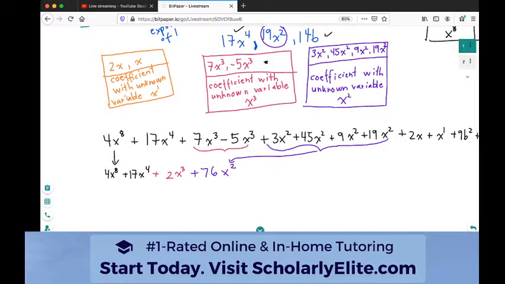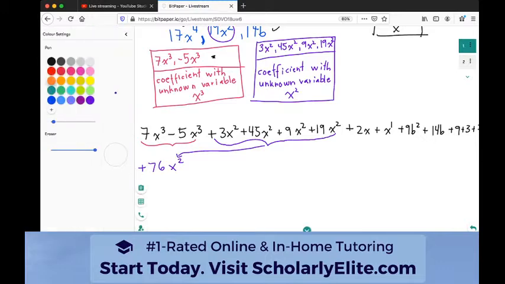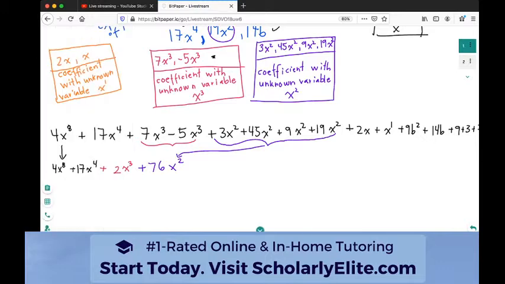Alrighty guys, so moving on, we've got our x to the power of 1 situation. So here we're going to get our orange, bring these two together. So we've got 2x to the power of 1 and x to the power of 1, which together equals 3x to the power of 1.